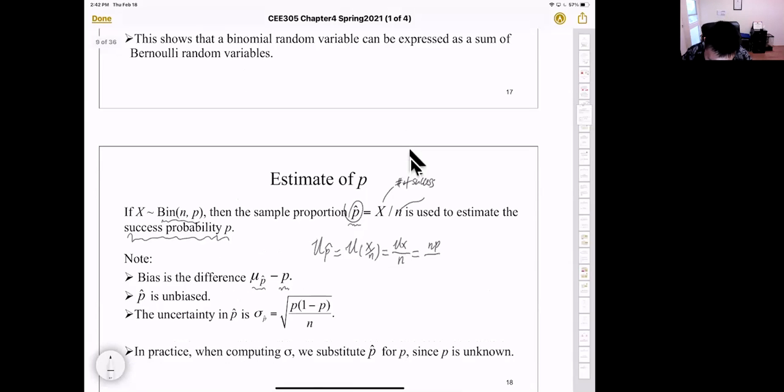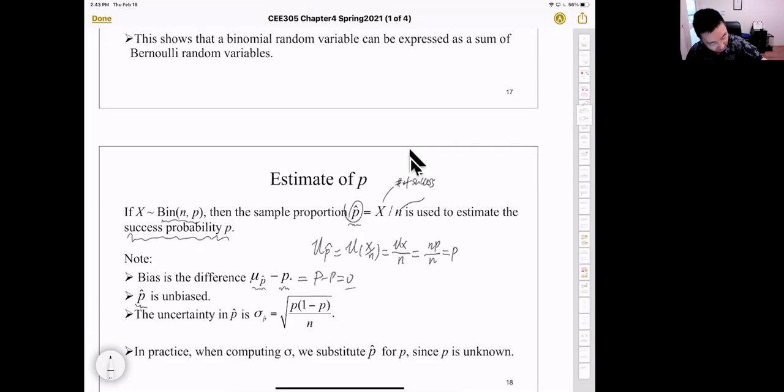So np over n becomes p. So the bias is equal to p minus p, which is equal to 0. So we see the sample proportion is unbiased because the bias is equal to 0.